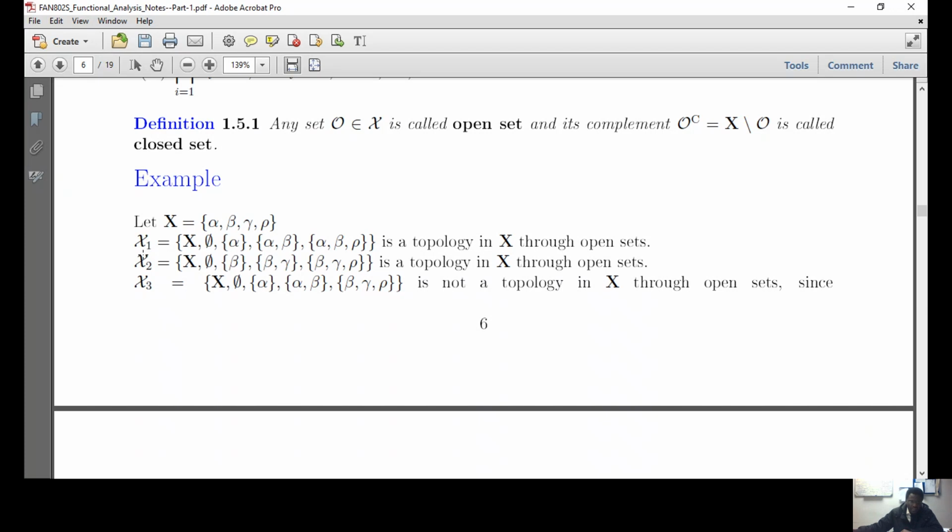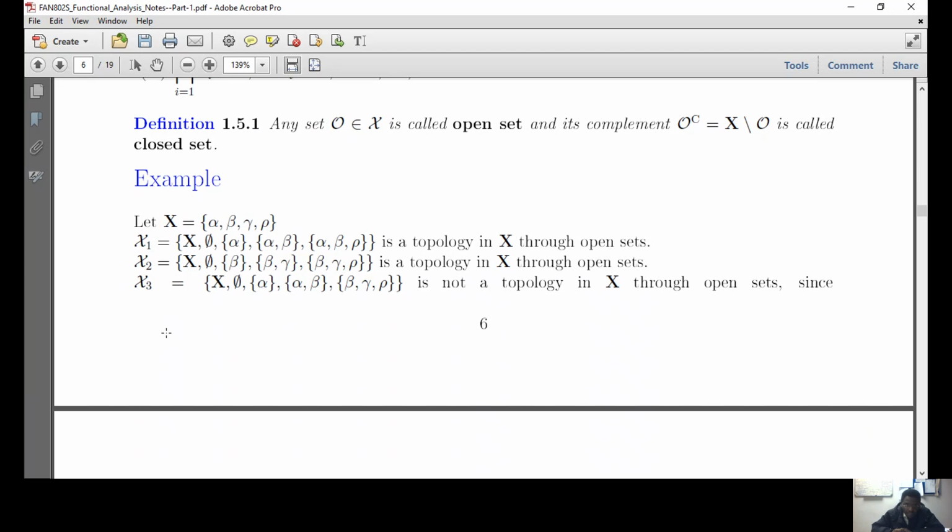And we have 3 families of subsets of X. In fact, they are defined by extension, as you can see on the slide. The first one, X1, is a topology in X through open set. The second one also is a topology in X through open set. But the last one, X3, is not a topology through open set.